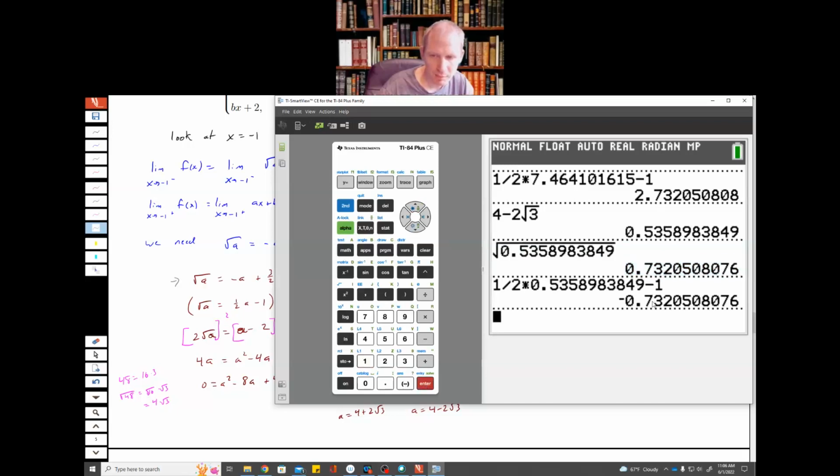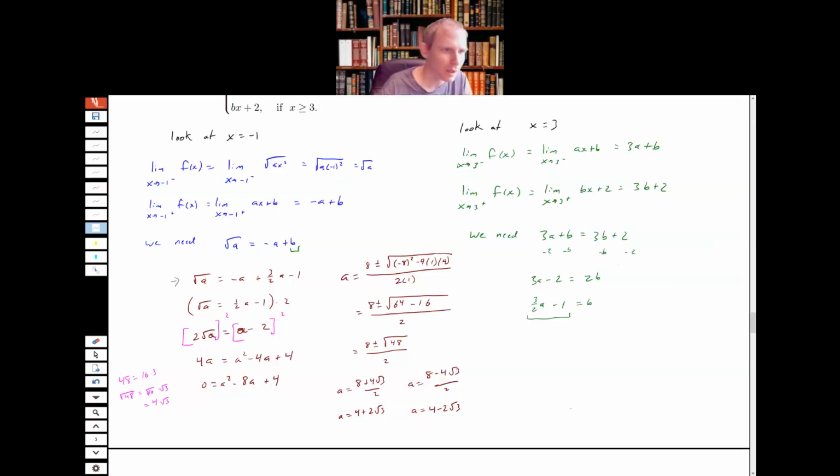And I don't get the same answer. This one is negative, and so I don't get the same thing on both sides, so this isn't a real solution. Now you can see that if you were to square both sides, they would look the same, and that's where that fake solution came from. So this one is not a real solution.